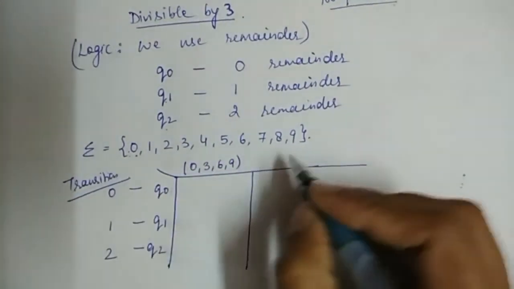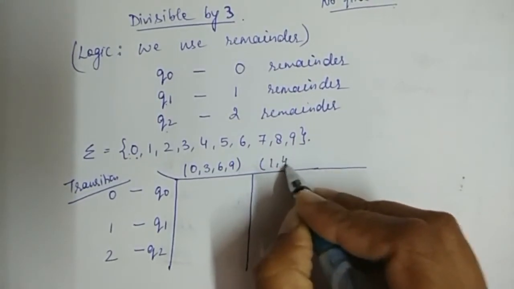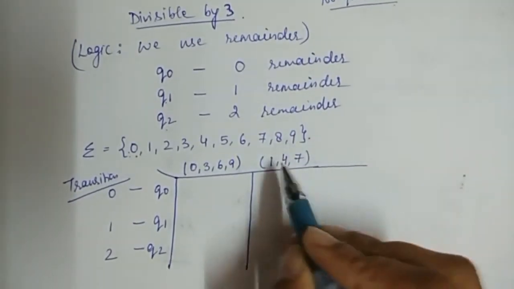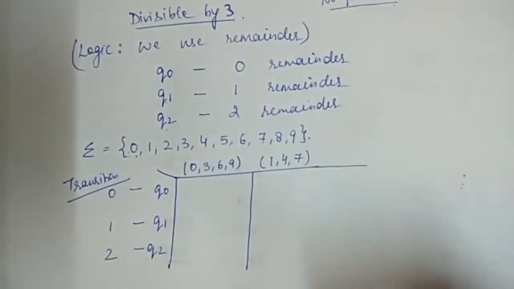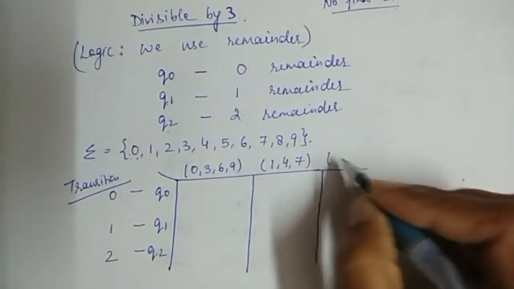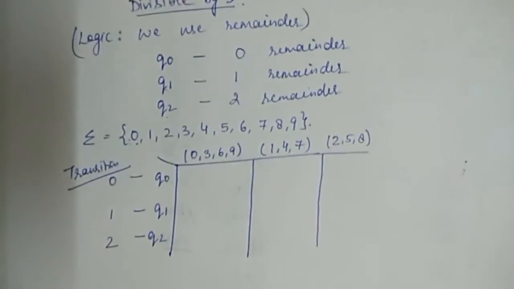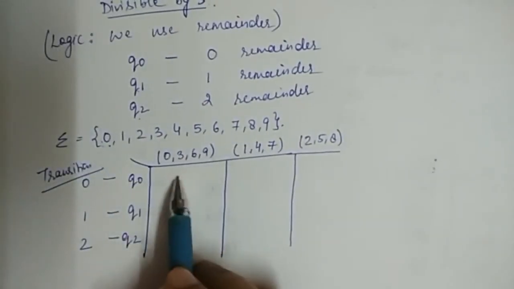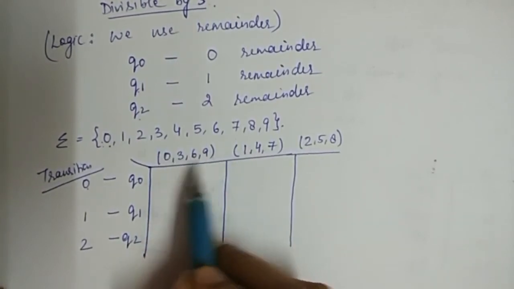Okay, now the next combination is 1, 4 and 7. Means 1, 4, 7 when divided by 3 always give 1 remainder. Okay, and the last combination is 2, 5 and 8.